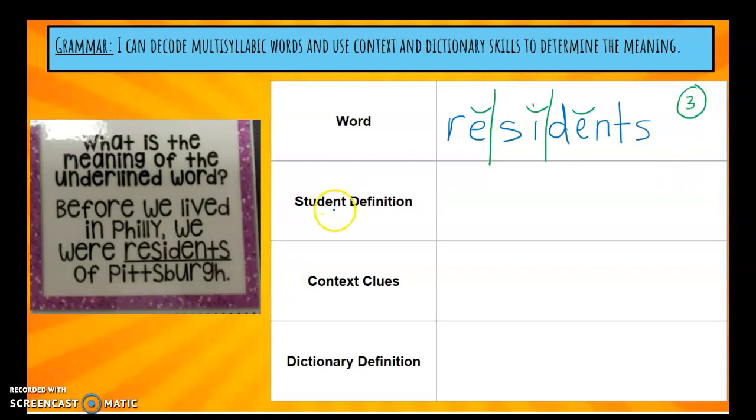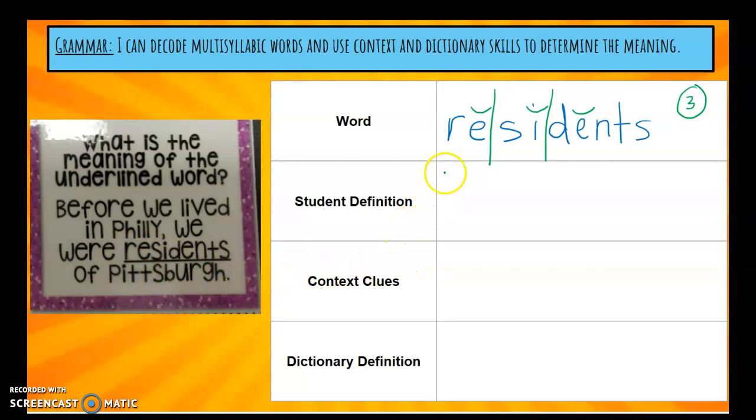So we now need to think about your definition. So you're going to come up with your own definition and use the context clues, and then we'll check it and see if we're right or at least close with the dictionary. So it says, before we lived in Philly, we were residents of Pittsburgh. Residents of Pittsburgh.